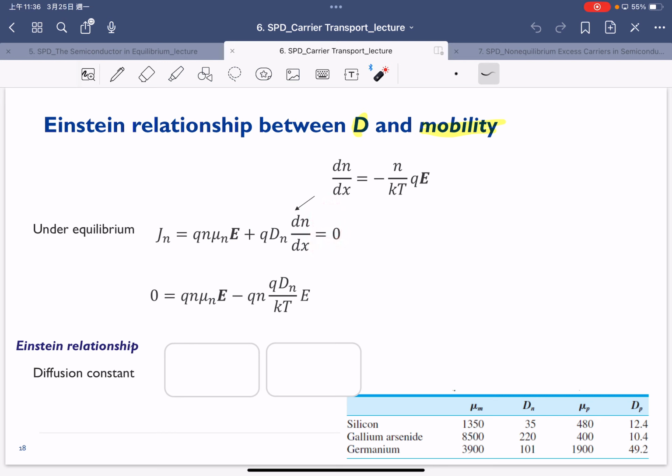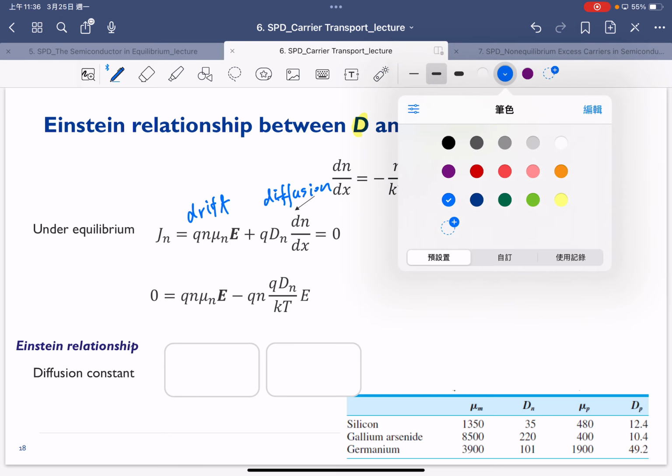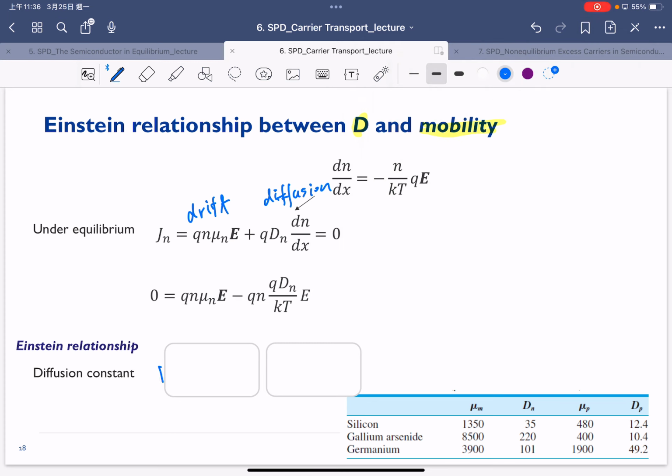So now we all know the left-hand side is drift and the right-hand side is diffusion. Because this is equal to 0, and we also know this, in the end you can have this equation, and therefore we have the relationship called the Einstein relationship, for D_n and D_p.